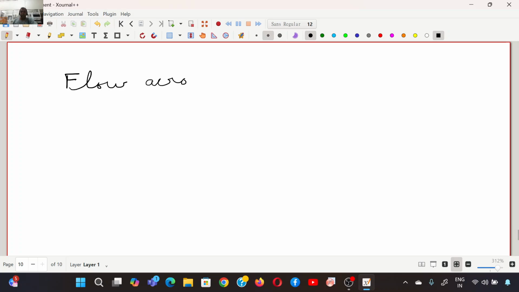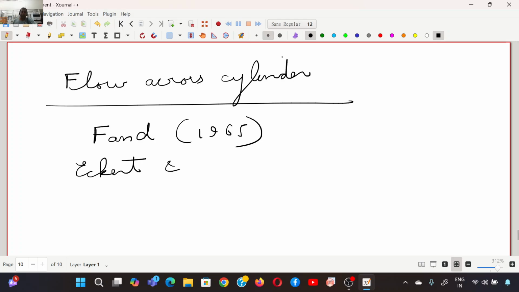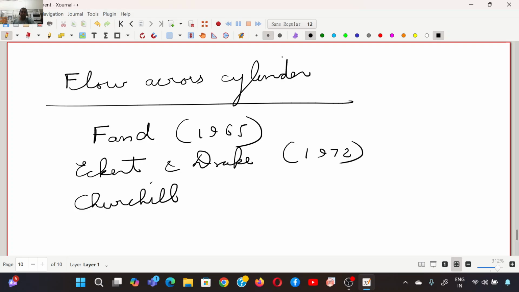For flow across a cylinder, you have Fand, 1965. Eckert and Drake, 1972. Churchill-Bernstein, 1977.